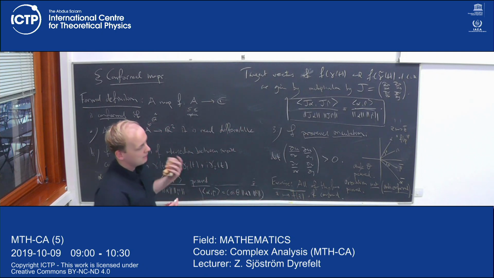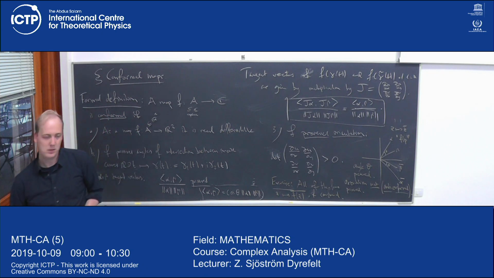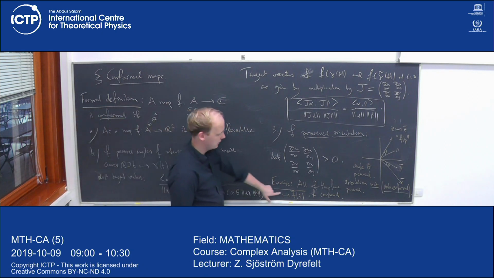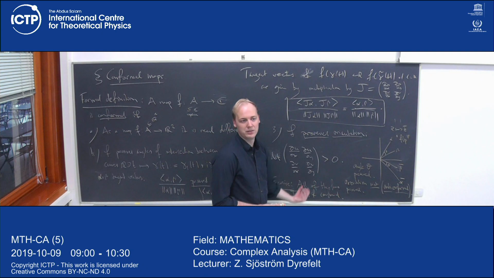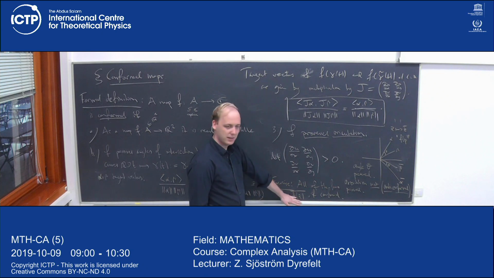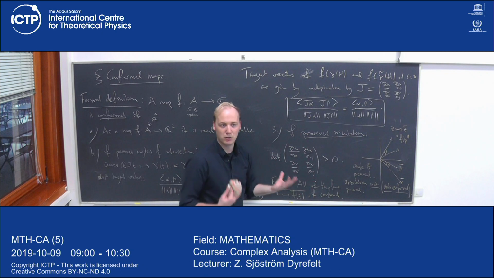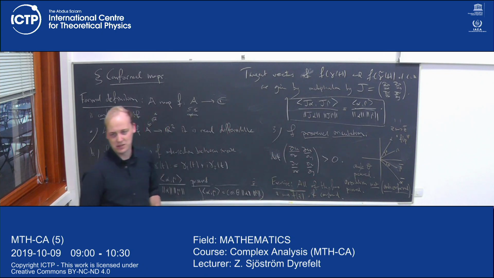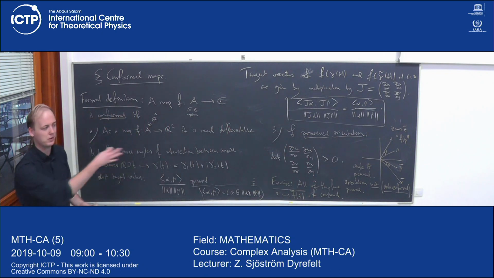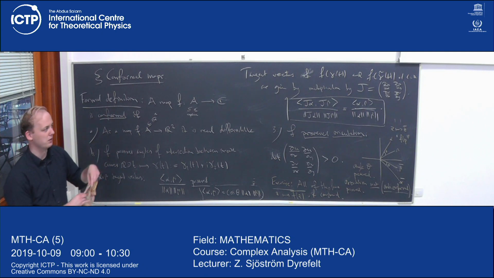So if we understood all the conformal maps, then we also understand anti-conformal maps and vice versa, because we just take the conjugate of everything. Studying anti-conformal maps and conformal maps are two sides of the same coin. So we can forget about these and just study the conformal ones, and these will come for free.